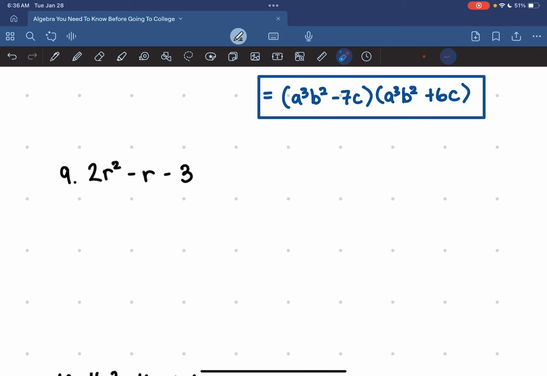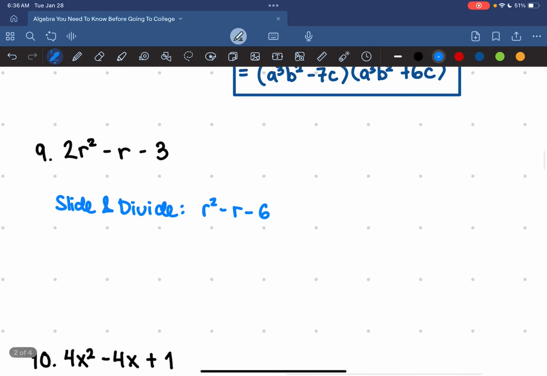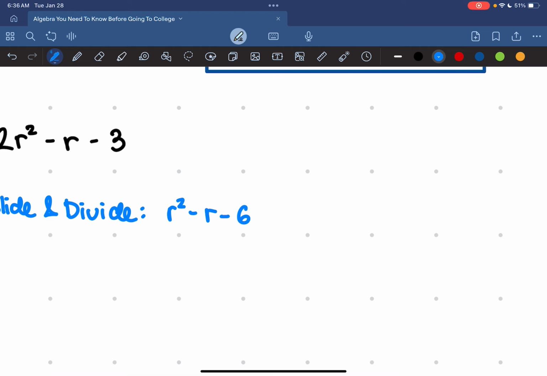So I apply a method called slide and divide. The first step is to slide. You slide this coefficient and multiply it in the denominator. So we'll have here r squared minus r minus 6, and then solve this like the usual.